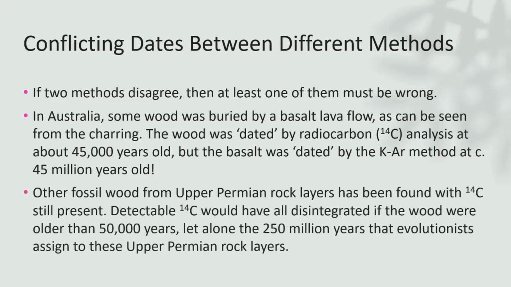Other fossil wood from upper Permian rock layers has been found with carbon-14 still present. Detectable carbon-14 would have all disintegrated if the wood were older than 50,000 years, let alone the 250 million years that the evolutionists assigned to these upper Permian rock layers.